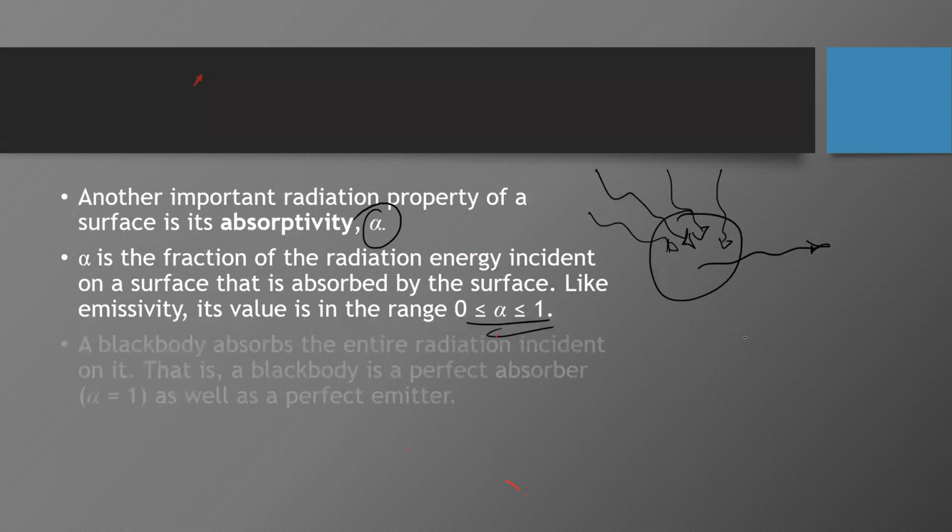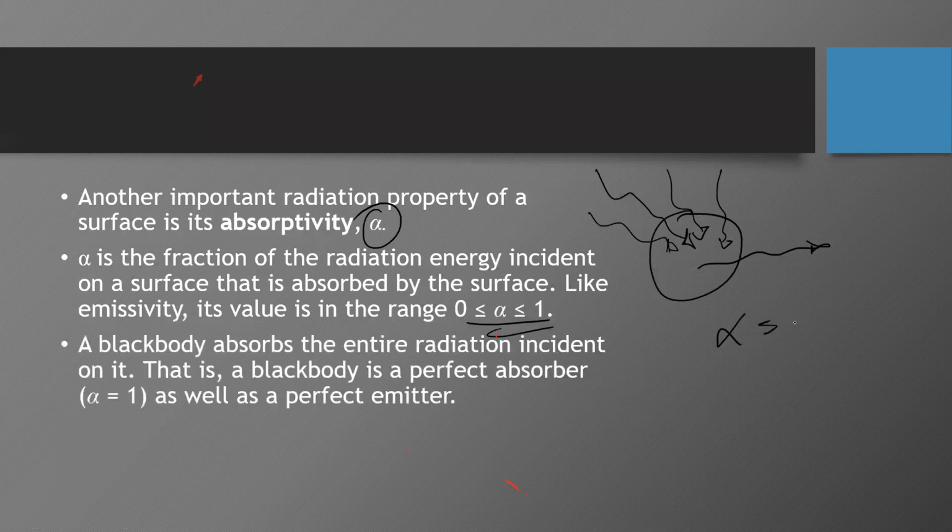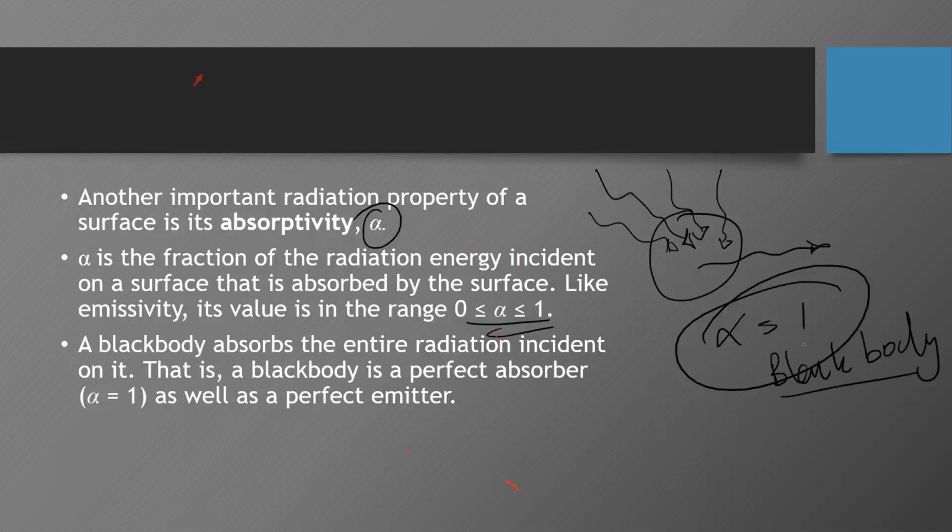When alpha is equal to 1, that is called a perfect absorber. That is also the black body. So the black body is a perfect emitter and a perfect absorber, right?